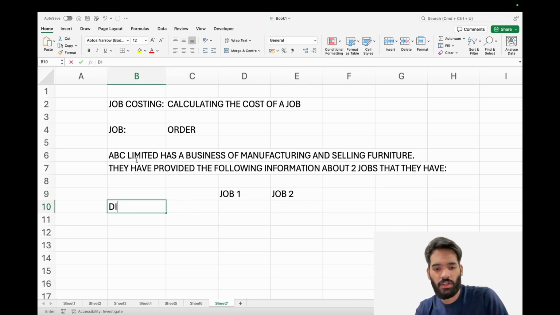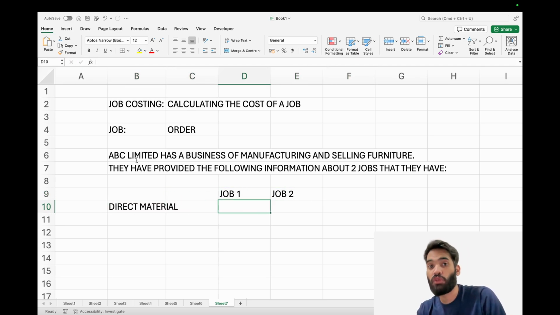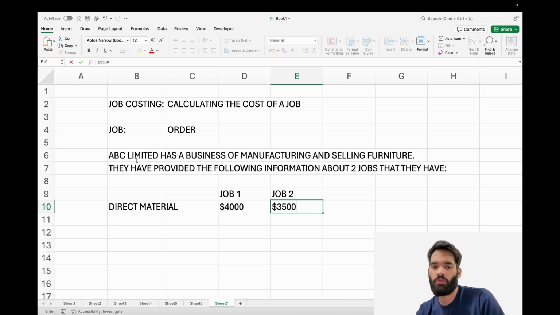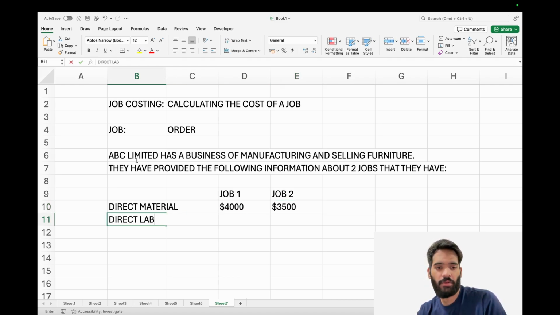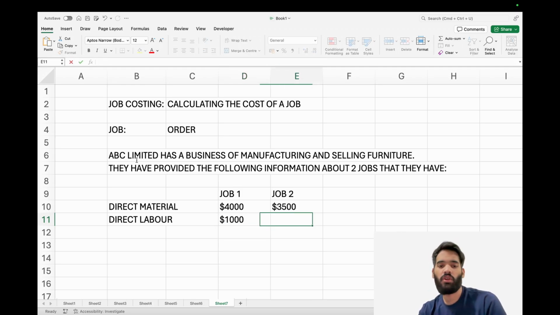They will tell you the direct material they will use on the job, because direct material is easily traceable. Let's assume the material we'll use on job 1 is $4,000 worth, and job 2 is $3,500 worth. Direct labor, another direct cost, will also be given. Let's say we use $1,000 in labor here and $1,400 here.